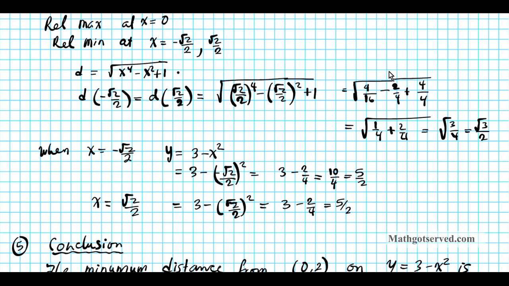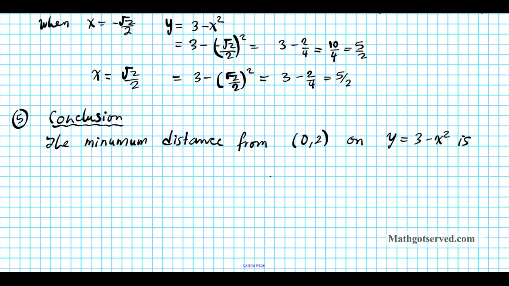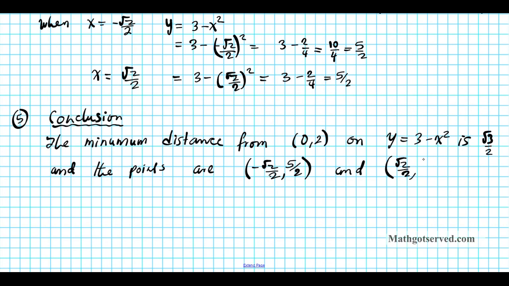This was the minimum distance when we inputted the x value into the distance function, right? So the minimum distance is root 3/2. And you also asked for the points, and the points are: the first one was x equals negative root 2/2, and the y value was 5/2, and the second point was root 2/2, and the y value was 5/2. Okay, so that's that.